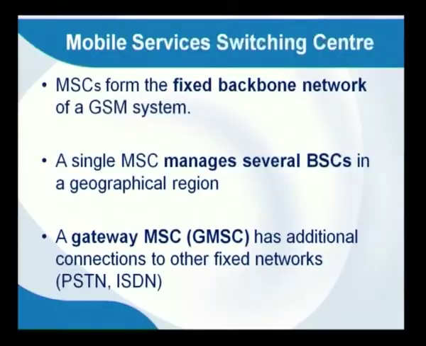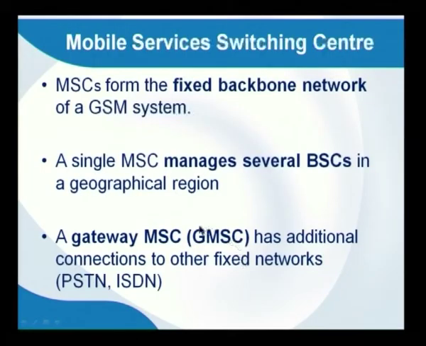As we already discussed, this is the fixed backbone network. It connects the radio users to the GSM network as well as to the outside world, and the MSC manages several base station controllers. In a particular geographical region, many base stations can be there, and all these BSCs can be connected to a single MSC.